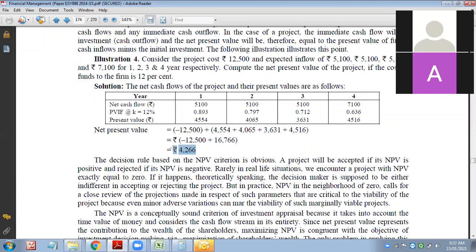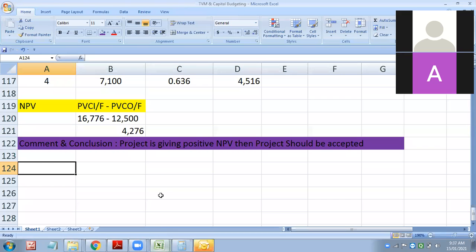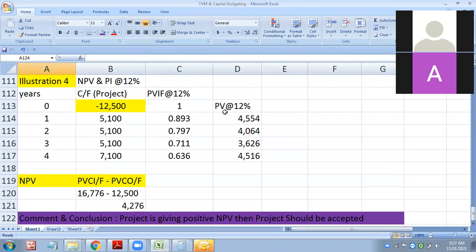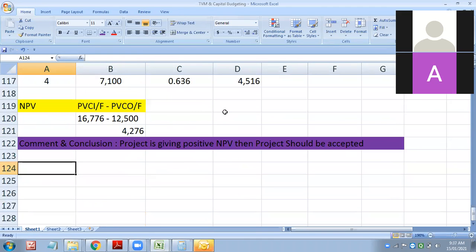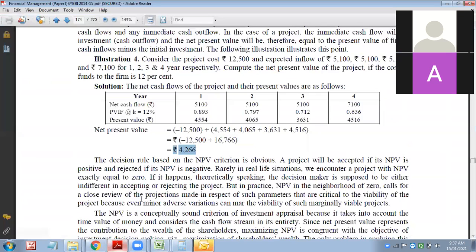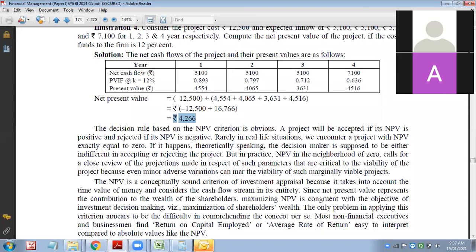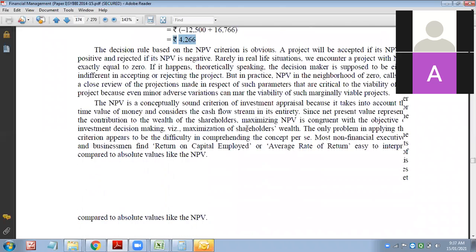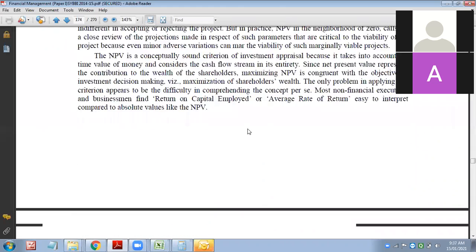We are getting the answer 4226. Similar answer we got here also. Slightly up and down because we have rounded off. Yes or no? Yes, sir. But the final conclusion will be the same, that it is giving positive NPV. We should accept this project. Okay.